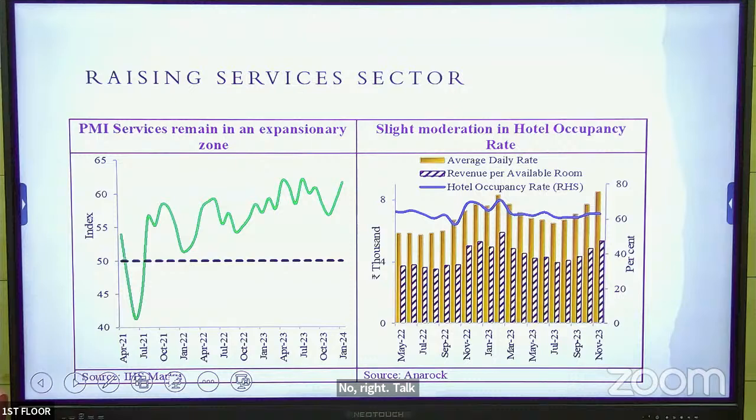Topmost sector: tourism, IT. Even above IT, I want one more. Telecommunication. That's the topmost service industry today. So these are the sectors you can give as examples.